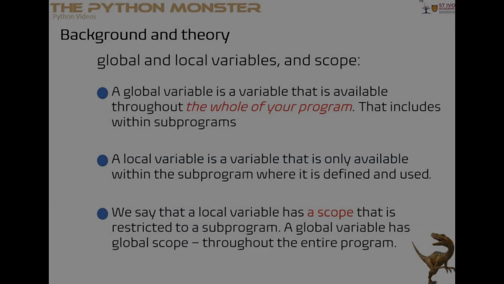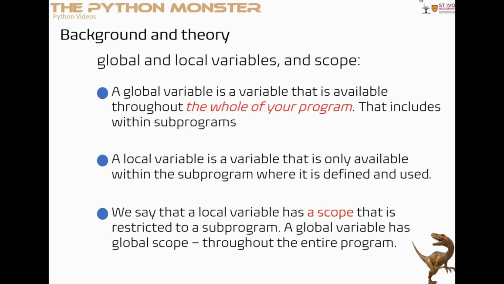So let's have a look at some meanings and some definitions of the terms global variable, local variable, and scope. A global variable is the type of variable that we have been using up until now, right the way through your course and in previous videos as well, because a global variable is one that's available throughout the whole of your program, and that includes within subprograms as well.